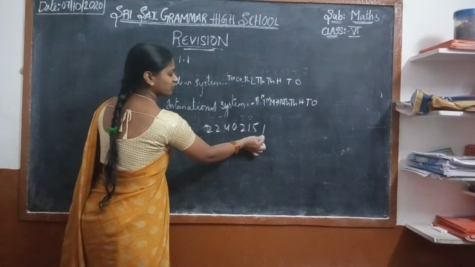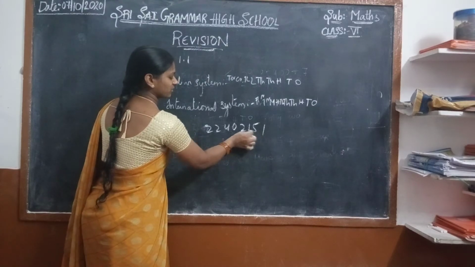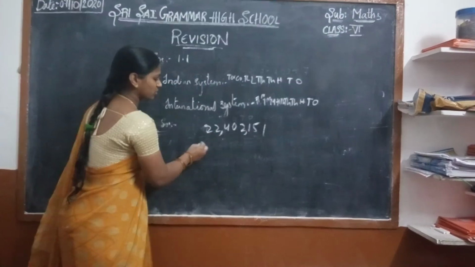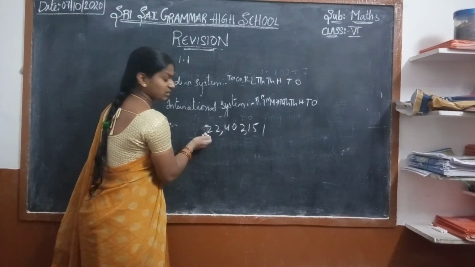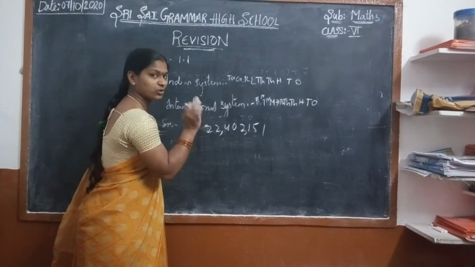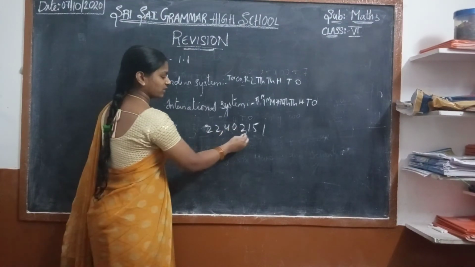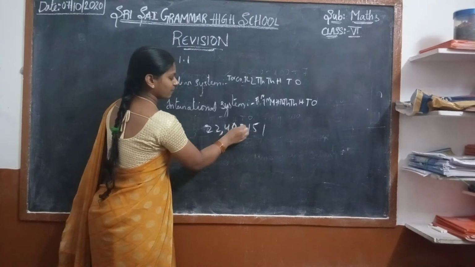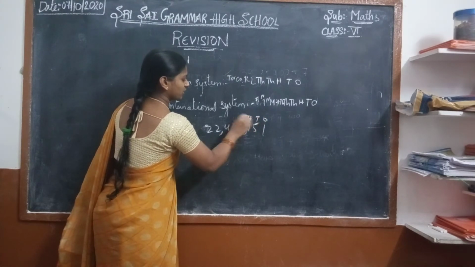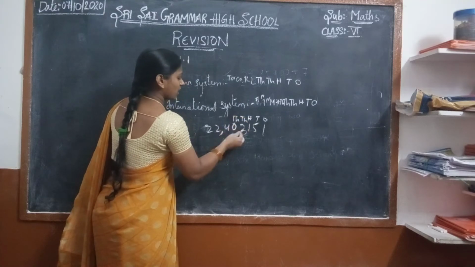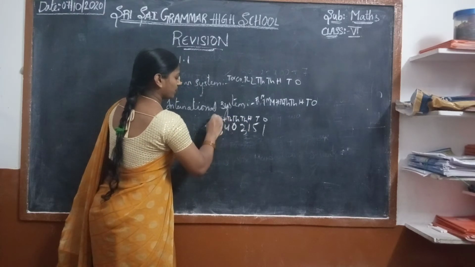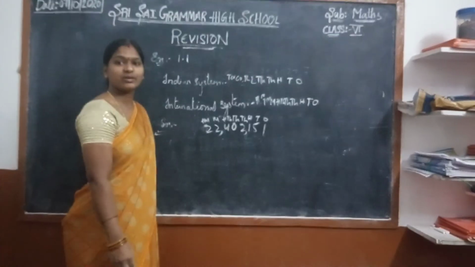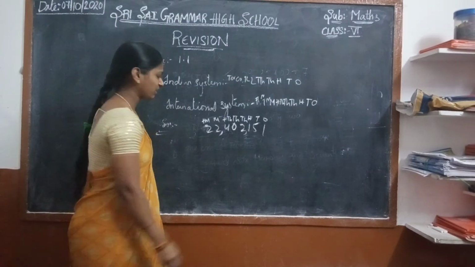See, in the international form we divide in groups of 3 numbers. 1, 2, 3. 1, 2, 3. Now 2 is left, but don't get confused. Now write 1, 2, 3, commas divided. Ones, tens, hundreds, thousands, 10,000, 100,000, millions, 10 millions, 100 millions.